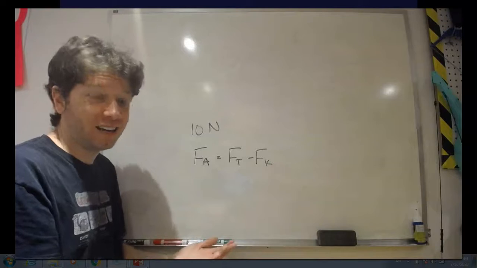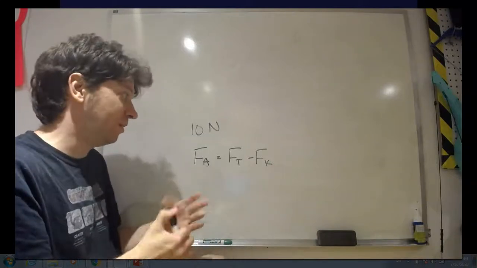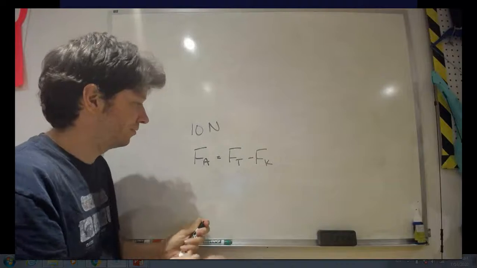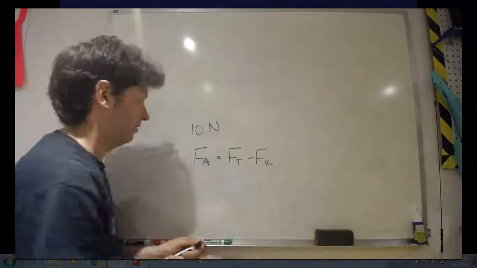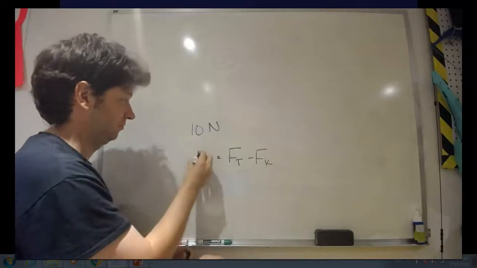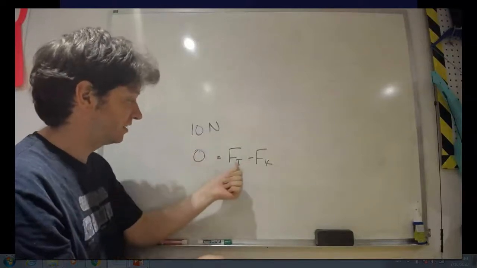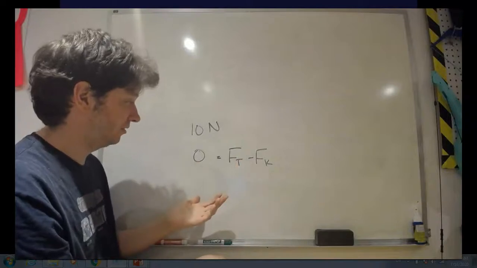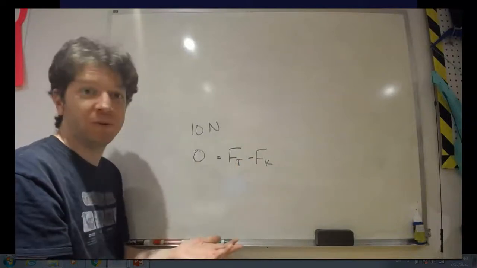Not only that, it tells us that the applied force is causing something to move, right? Because if the applied force was 0, well then what would happen? In that case, if you rearrange, tension would be equal to kinetic friction, in which case there would be no more acceleration.